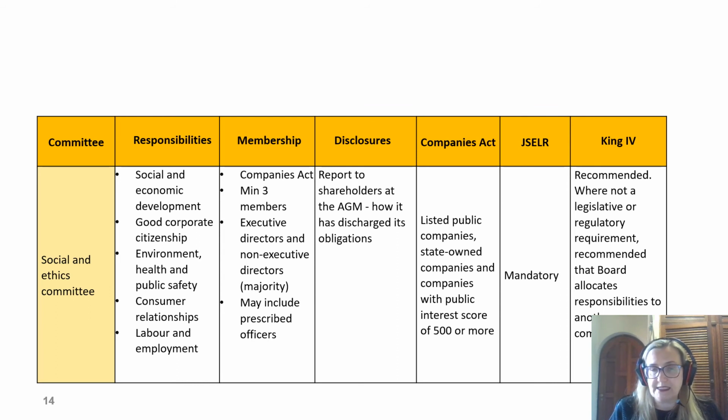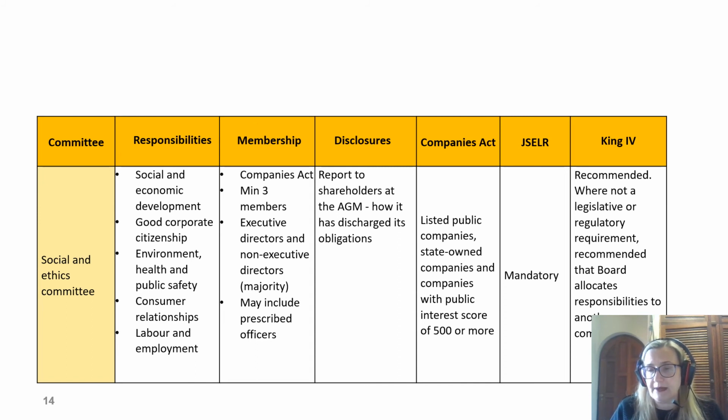Membership is also dictated by the Companies Act, a minimum of 3 members. This committee can have executive and non-executive directors. It doesn't have to be limited to only independent non-executive directors, and it may include prescribed officers.